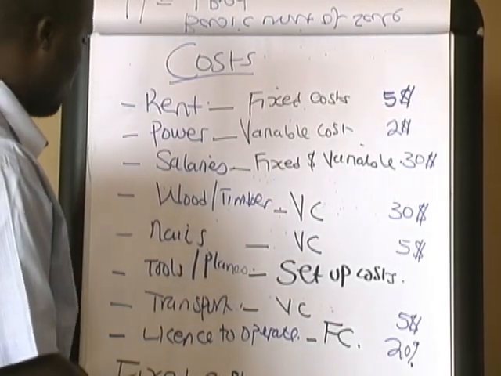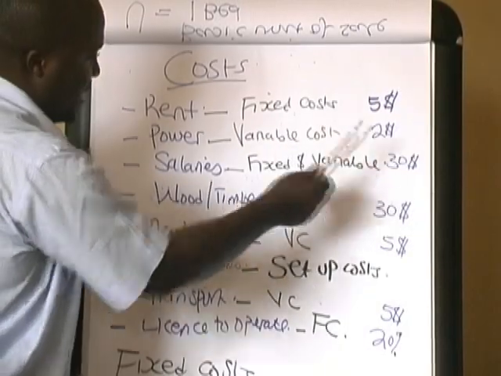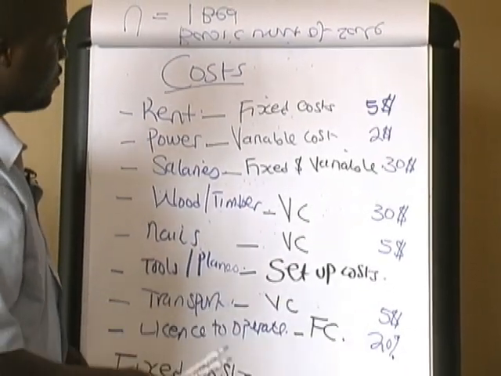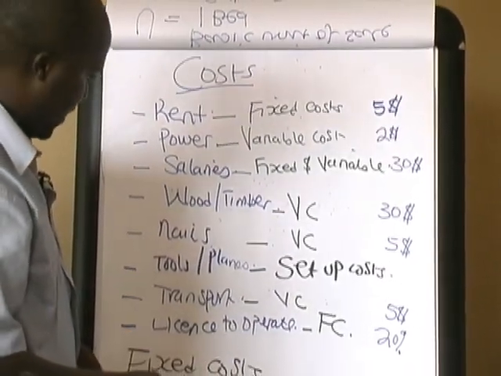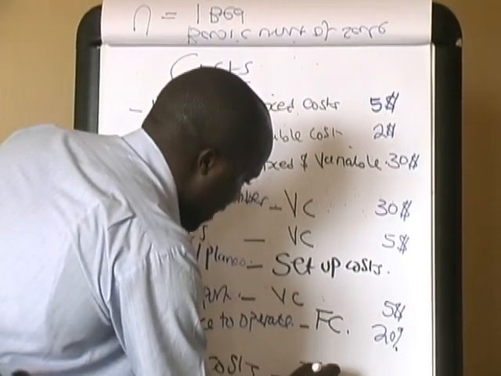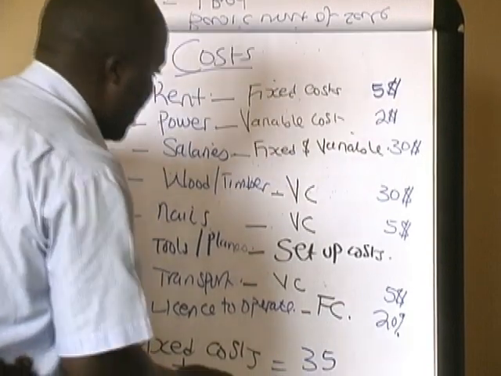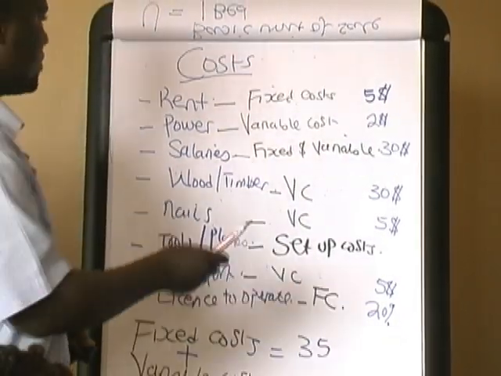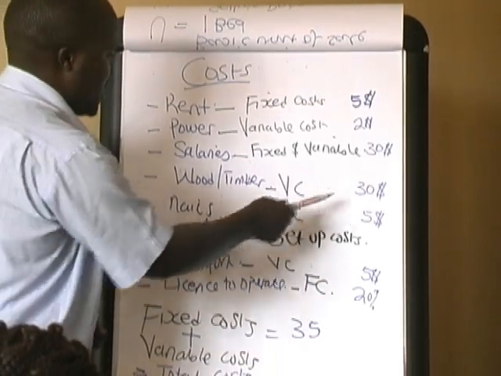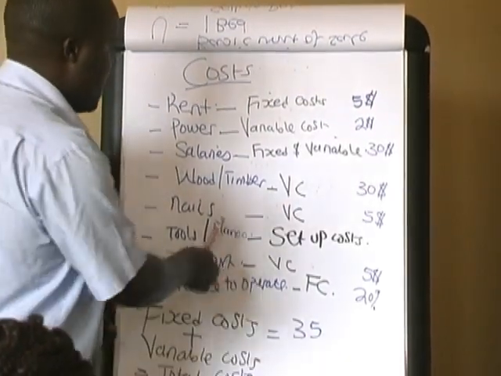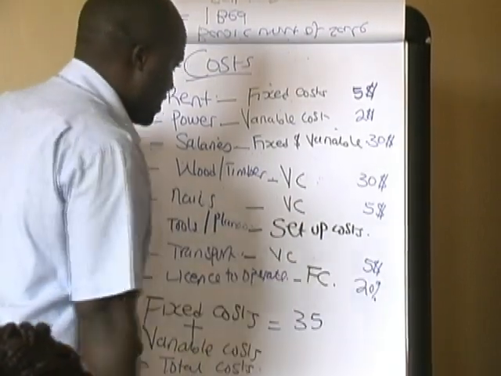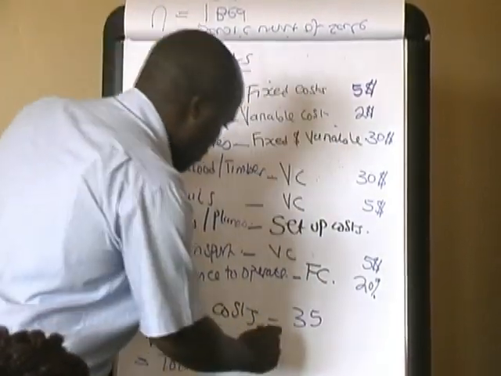So if you want to find out how much is total cost, the fixed costs are $30 and that's maybe $35, so here we get our fixed cost as $35, and then the variable costs would be, we have $2 here, and we will be able to get $30, $32, nails are $5, that's $7, transport is $5, and that's $42.